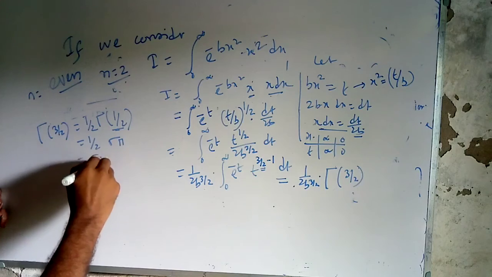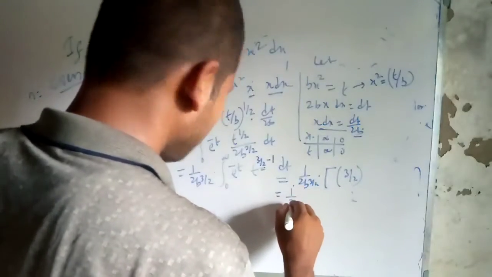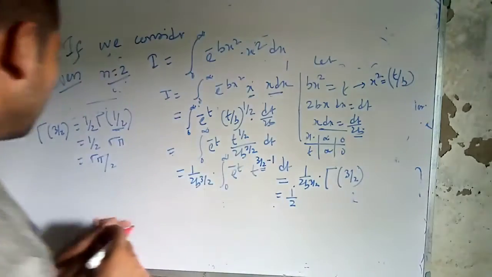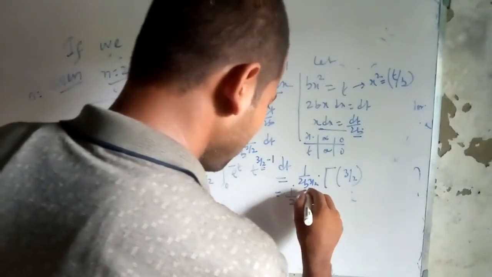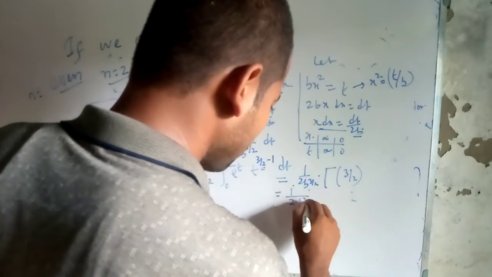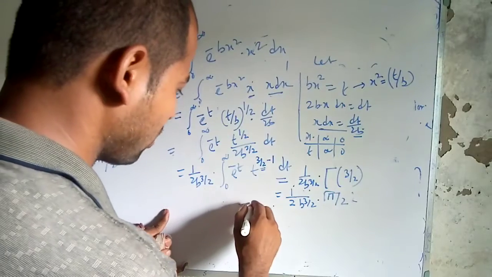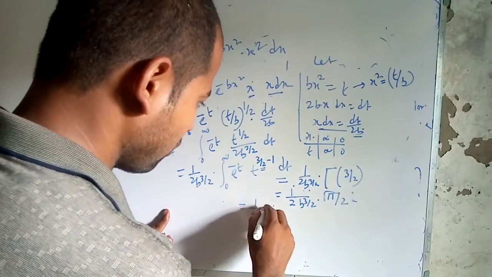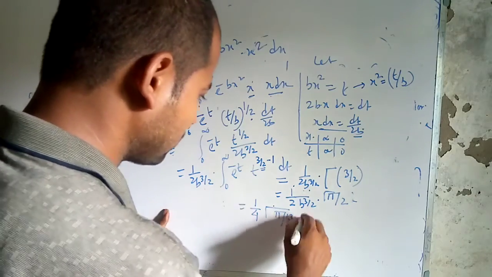So root over pi by 2 is input here, giving 1 by 4 root over pi by b cubed. This is the exact value.